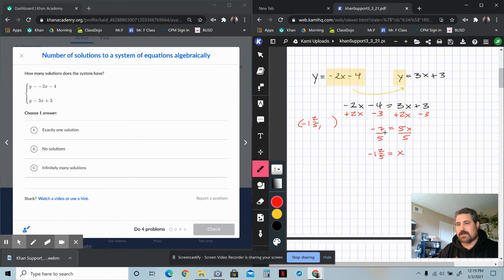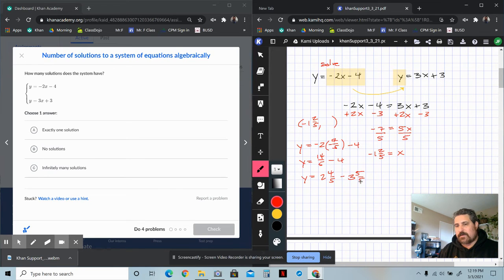So if we take negative 7/5 and plug it into this one here to solve, y is equal to negative 2 times negative 7/5, minus 4. A negative times a negative is positive, so that's 14/5 minus 4. Y is equal to 2 4/5 minus 3 5/5, which is another way of writing 4.